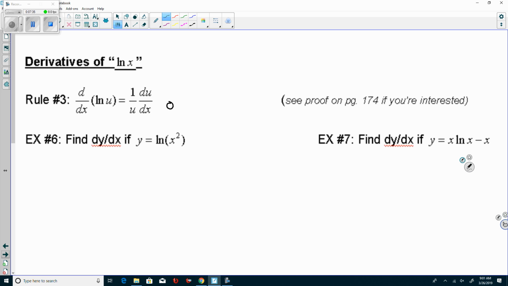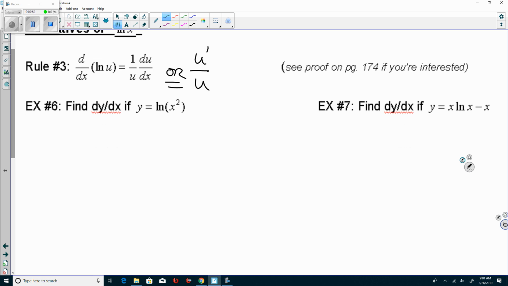Or how you can remember or view it is u prime over u, because du dx is u prime, and u was just underneath. So if I have y equals ln x squared, identify your u. Your u is x squared. U prime is going to be 2x.